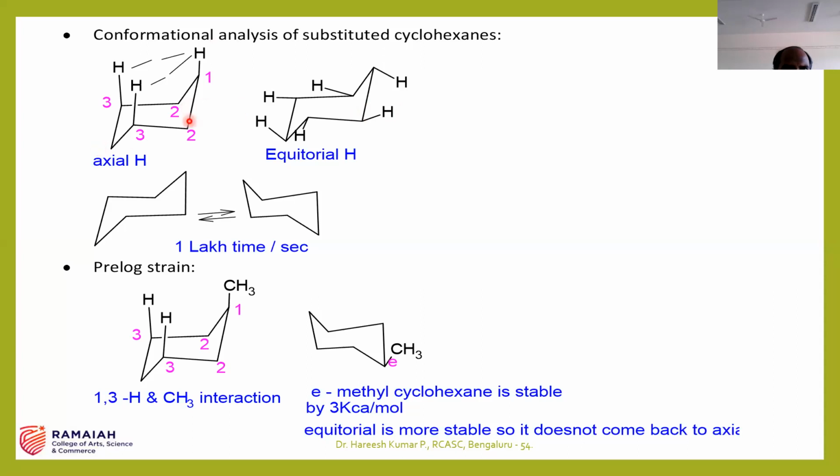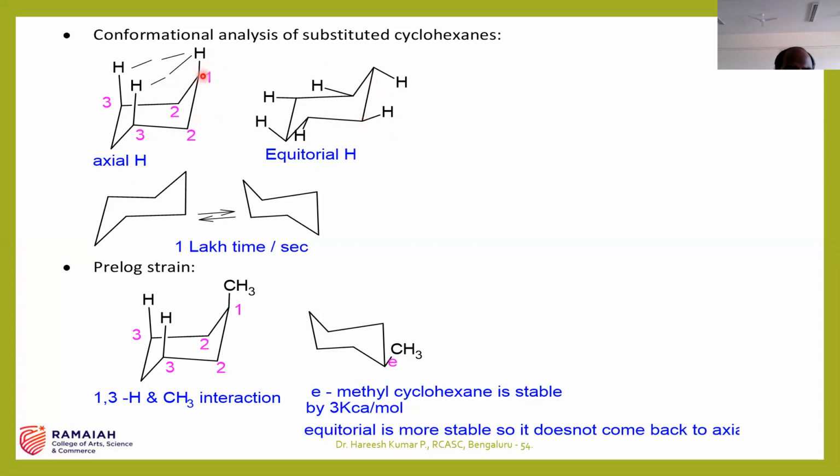So why are 1,3 diaxial substituted compounds unstable compared to 1,3 equatorial disubstituted compounds? At that time you have to explain the 1,3 diaxial hydrogen interactions. Because of that interaction, these moieties are unstable, whereas with the equatorial ones we won't find any such steric hindrance or interaction. Here there is no 1,3 interaction.